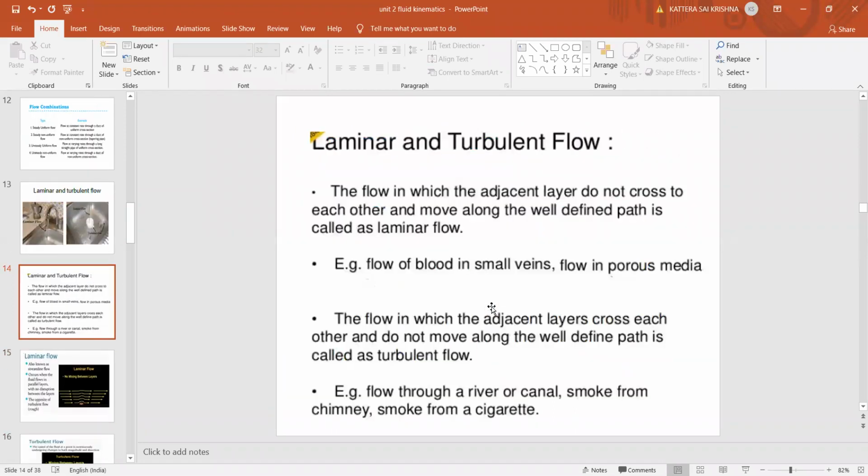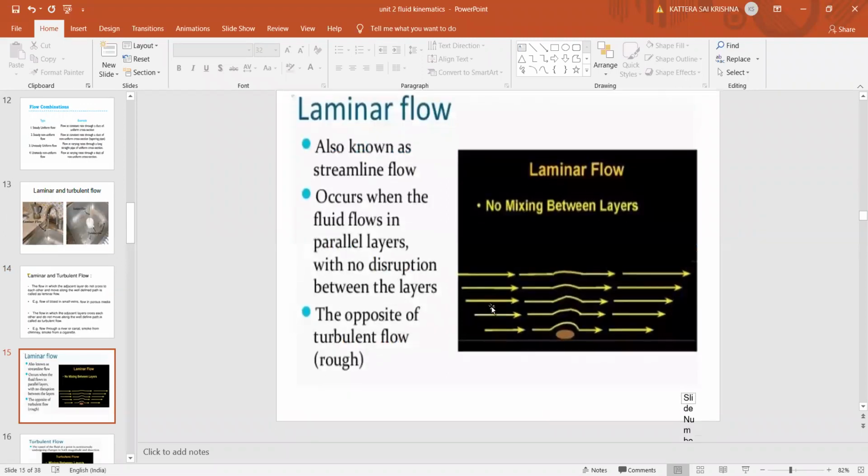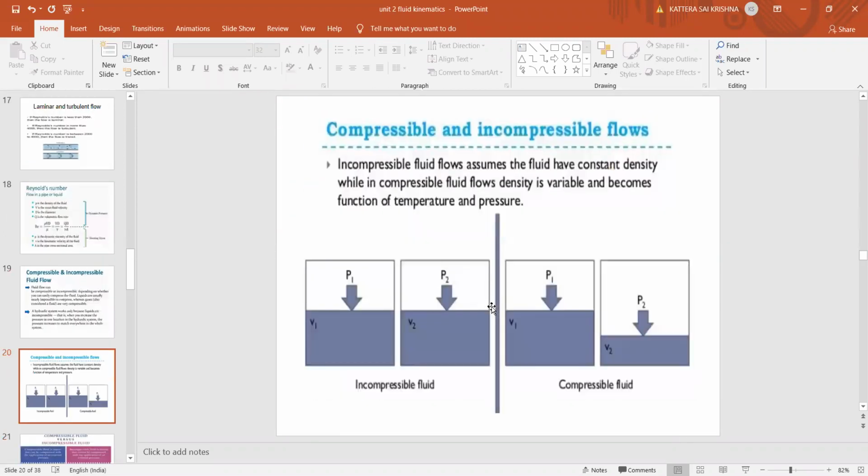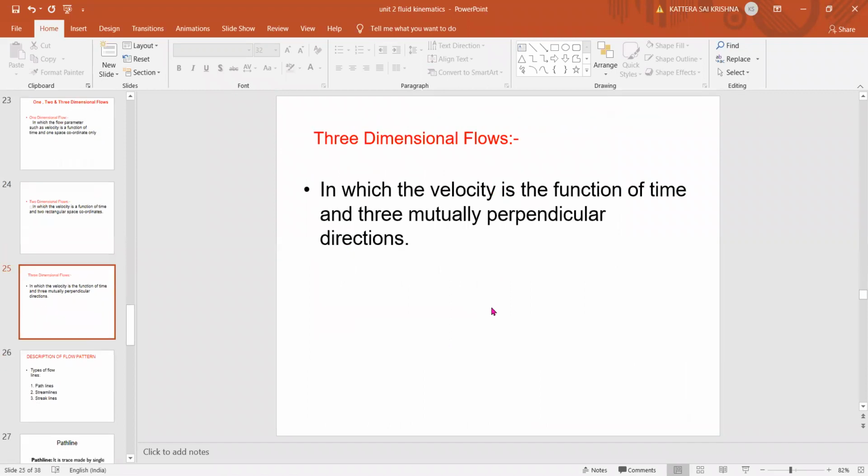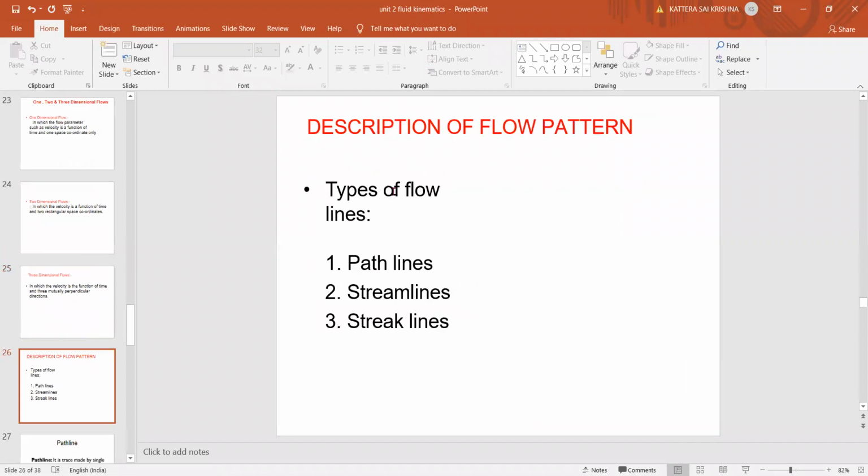After these types of fluid flows, we have one topic, the description of flow patterns.